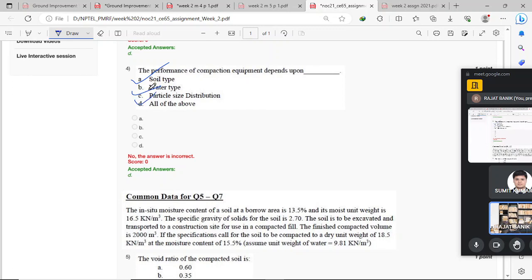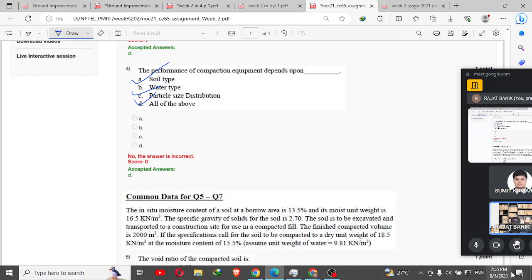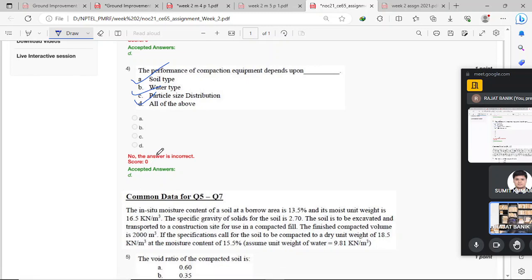In soil tests, that means whether it is well graded soil, poorly graded soil, or silty sand. Water type means whether the groundwater table is very close to the surface or not. If it is close, then compaction is not suitable. The particle size, coarse grain is large and fine grain is less, and depending on particle size, the compaction equipment also changes. So the correct answer is all of the above.